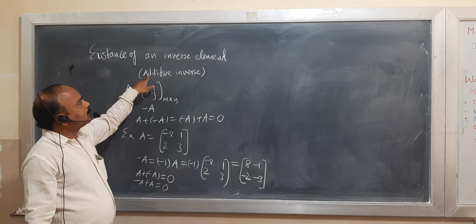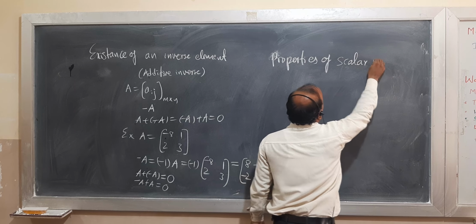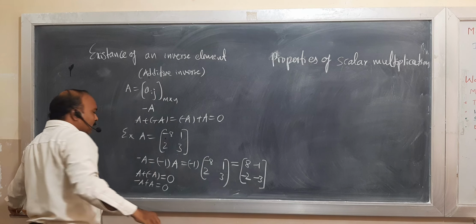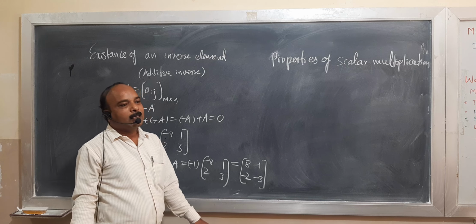Next we go for multiplication, that is properties of scalar multiplication. In the last class we discussed multiplication of a matrix by a scalar.